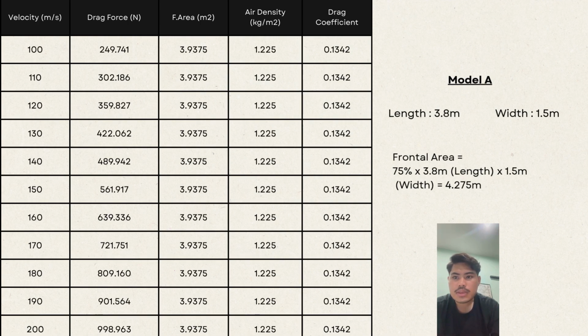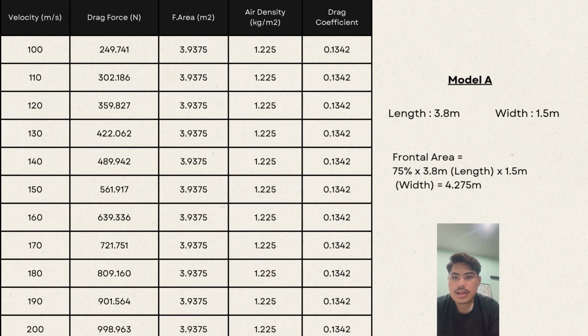I want to tell about the calculation of vehicle model A. Based on the table, firstly, velocity, the value is 100 until 200. Secondly, drag force, the value is based on velocity. Thirdly, frontal area, the value is the same from 100 until 200.